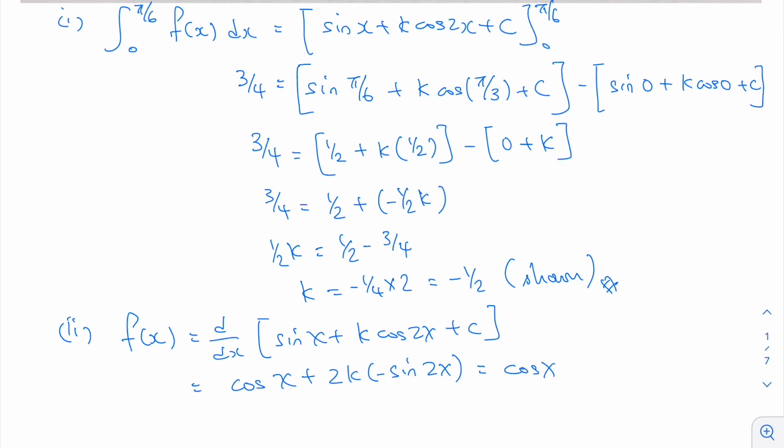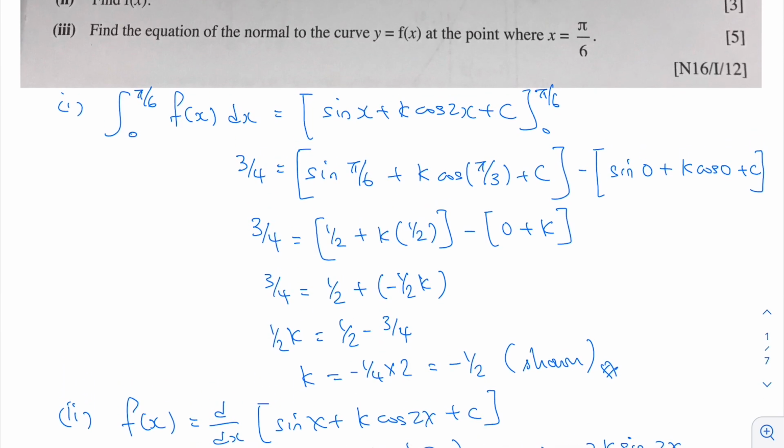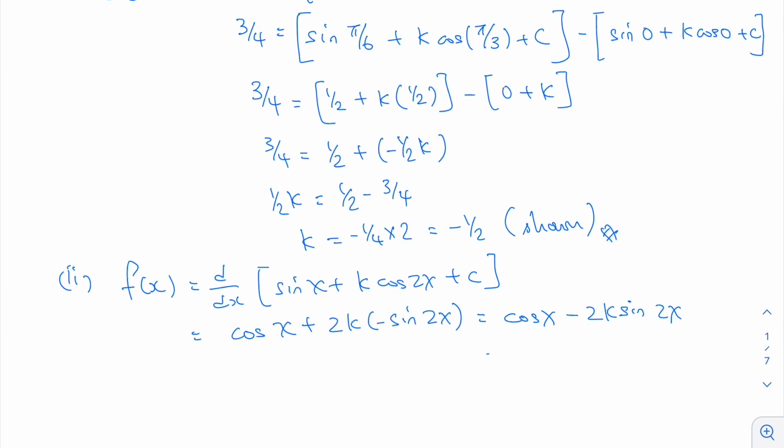So it's cosine x minus 2k sine 2x, where k is equal to negative half, so it's plus sine 2x.